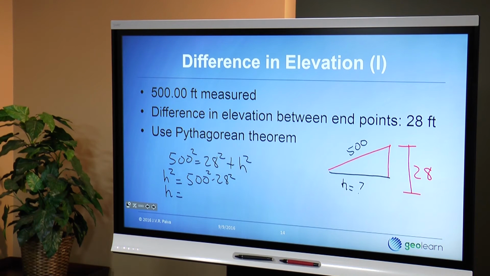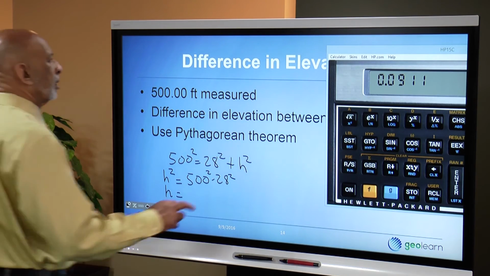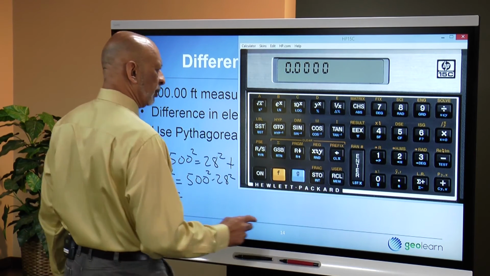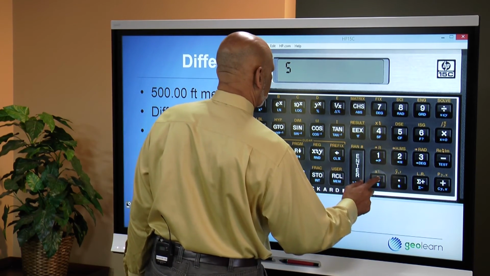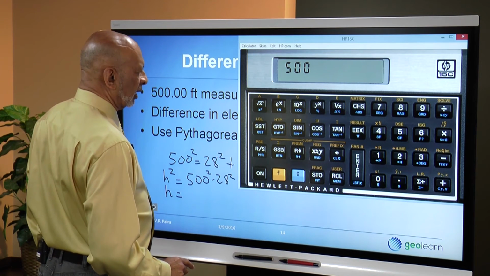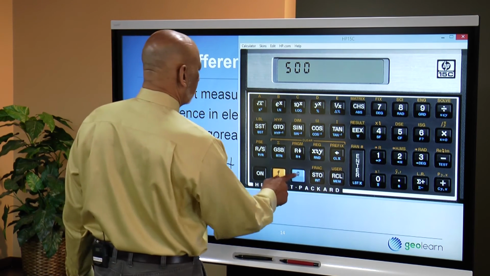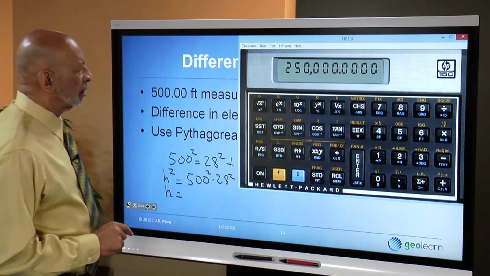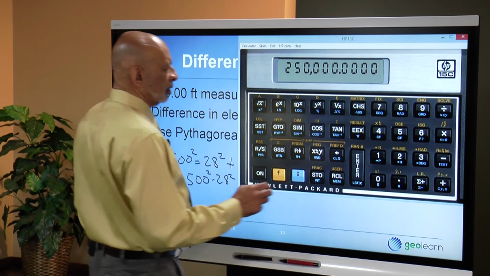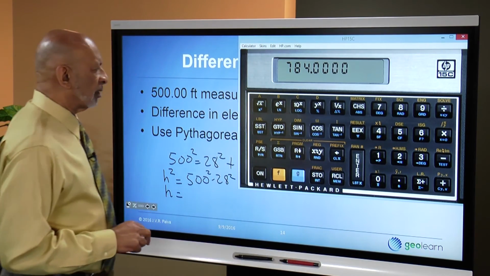So let's pull up the calculator again. So in this particular calculator, I can do it a bit faster. So 500, and I can square the number, and there's a direct function for doing that, right here. 500 squared is 250,000, and then 28 squared is 784.